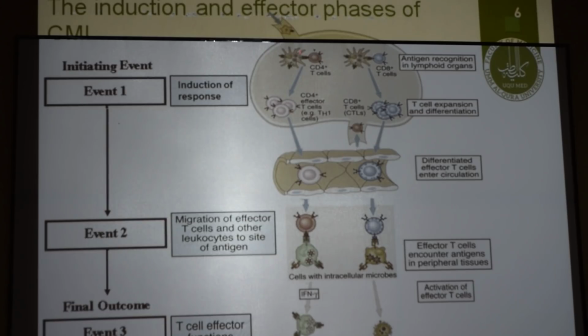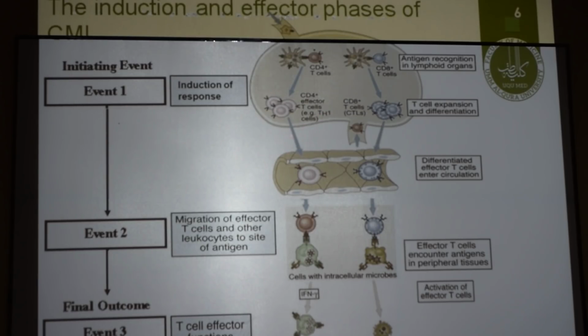The extracellular pathogen is presented here and it is dealt with by the CD4 cell. The intracellular pathogen is presented to the CD8 cell. On this side we are thinking about the extracellular pathogen, on this side the intracellular pathogen. For the extracellular pathogen, CD4 is first activated by three steps and differentiated.